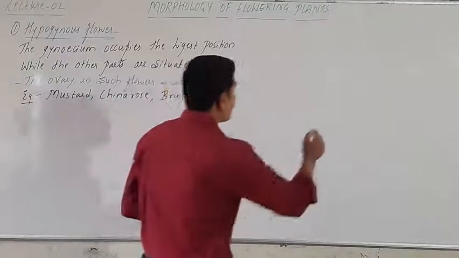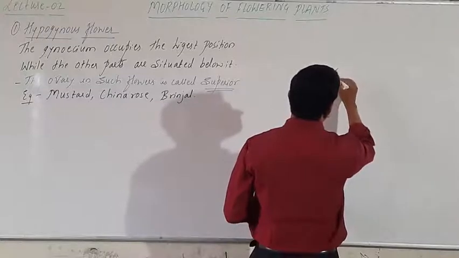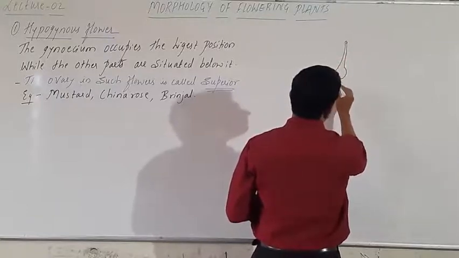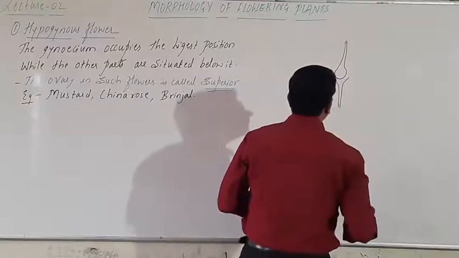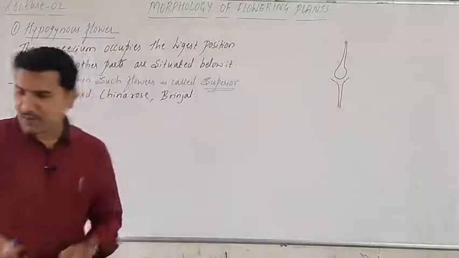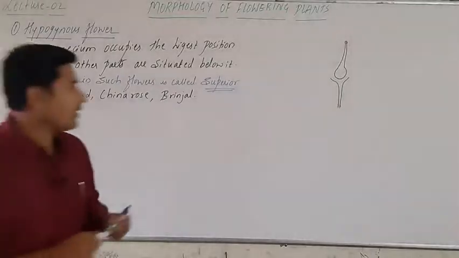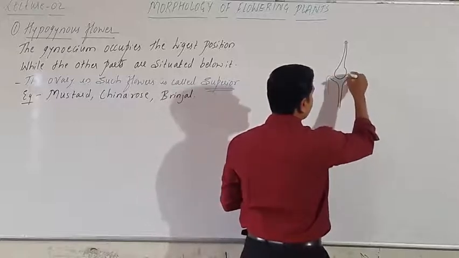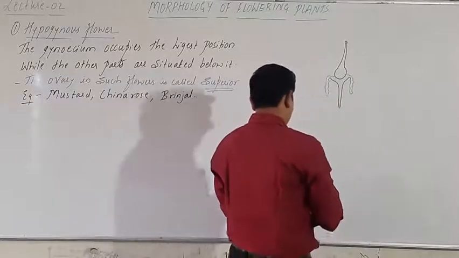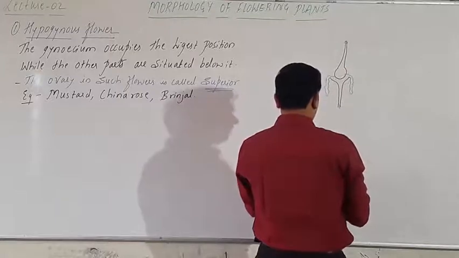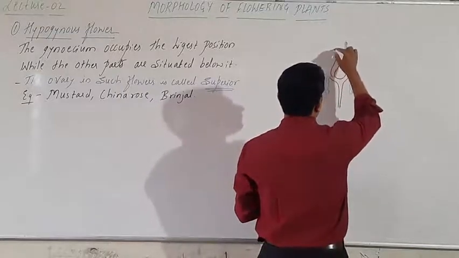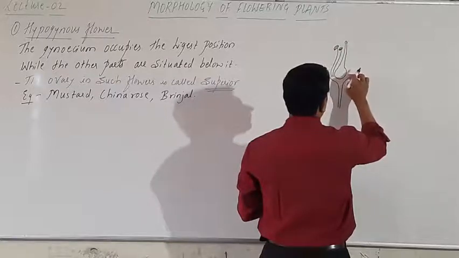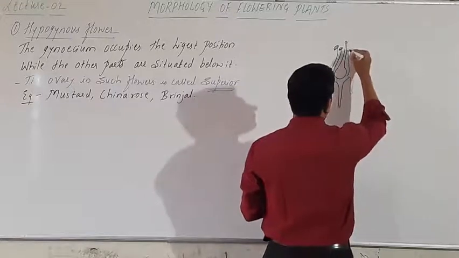Okay, now let us take this flower. For this flower, what we have is sepals, here we have green-colored sepals, then we have petals also, these are the stamens.